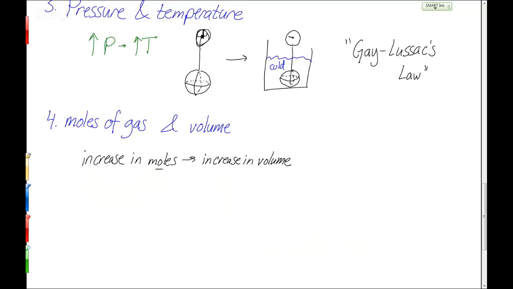But notice that it's moles of gas, not mass. And that's important because of the way that it can be affected by chemical reactions. So let me show you this example. Let's say you have a balloon filled with oxygen.